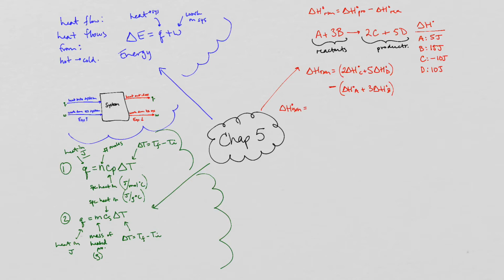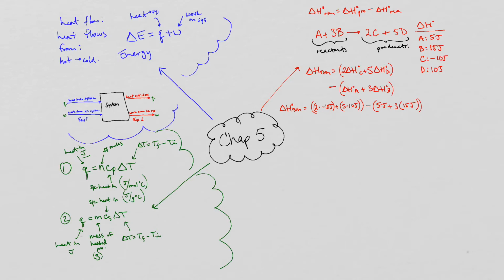Delta H reaction equals 2 times, and then we're going to go over, find C, negative 10 joules, plus 5 times 10 joules, minus 5 joules plus 3 times 15 joules.